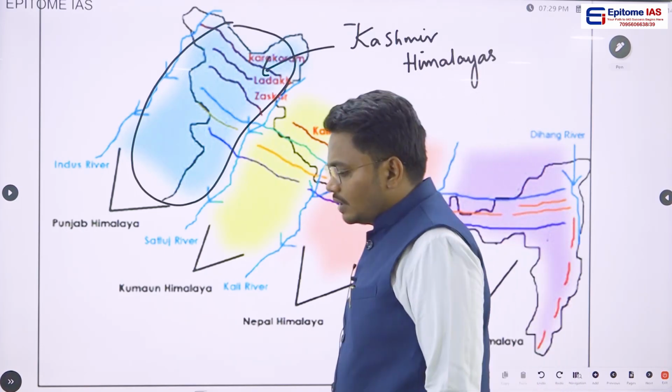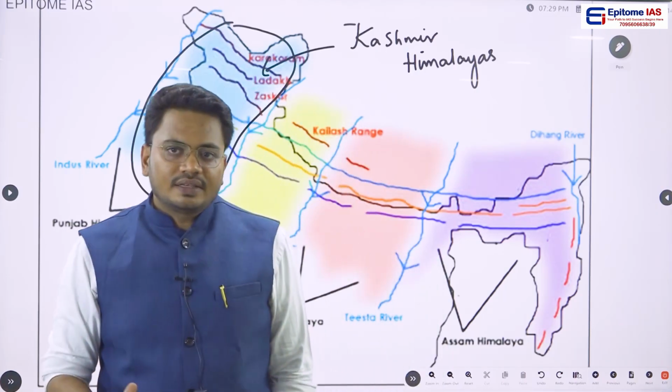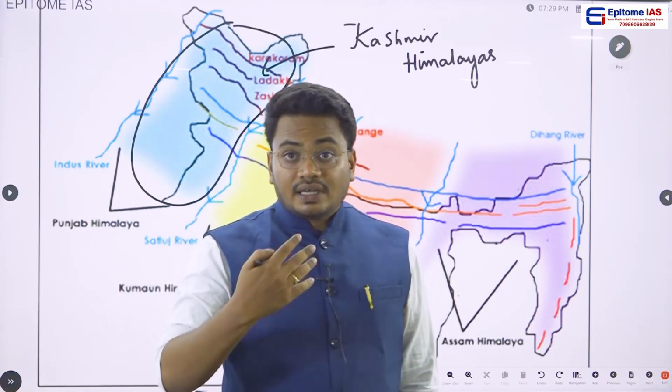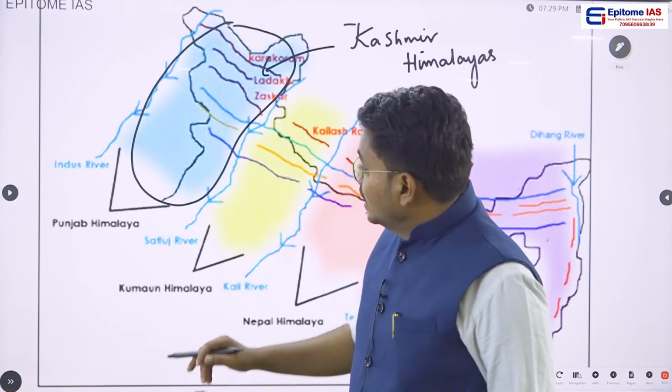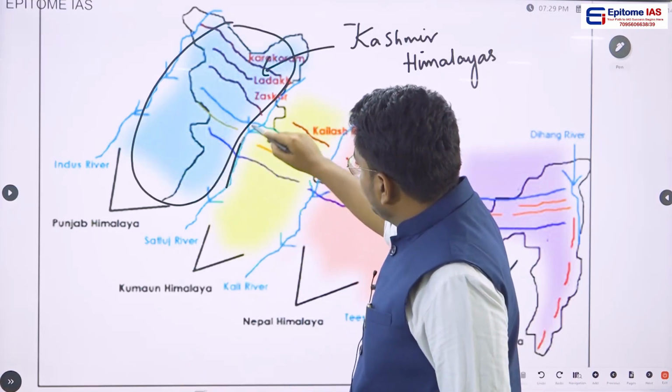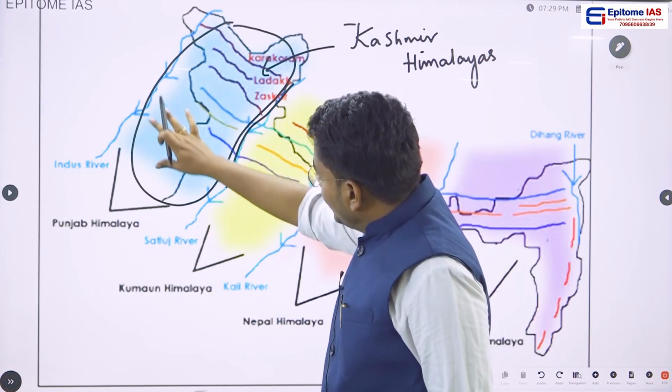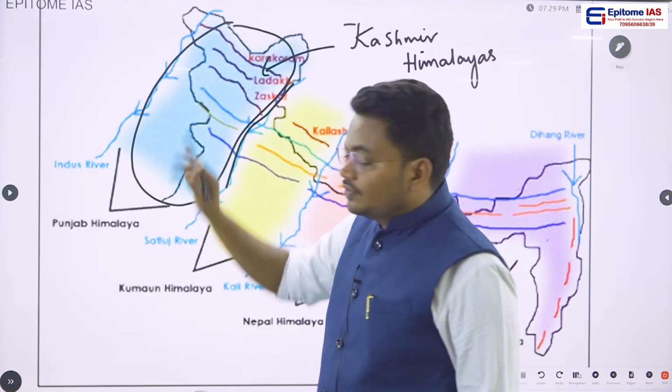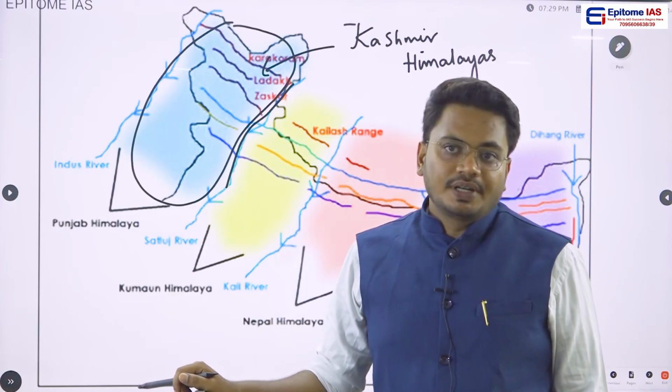And if you see the border for these Kashmir Himalayas, in other words, the Himalayas which are present between Indus River and Satluj River, that particular range of Himalayas is known as Punjab Himalayas or Kashmir Himalayas.